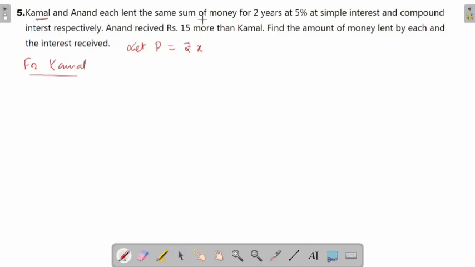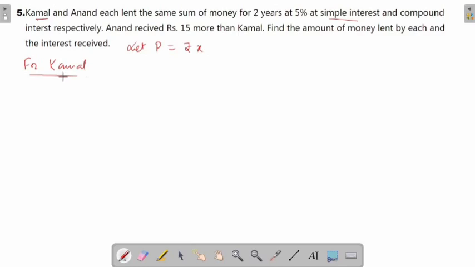They are taking the loan for how many years? Time is given to be 2 years and the rate is also given, but Kamal is taking it at simple interest and Anand is taking it at compound interest. Let's find the interest earned by both Kamal and Anand.